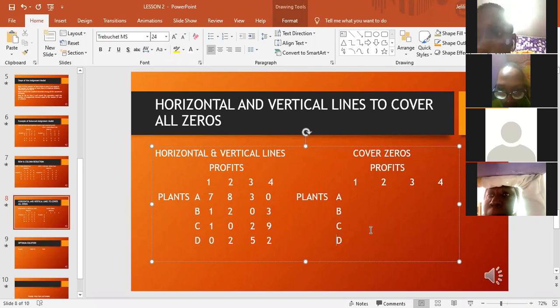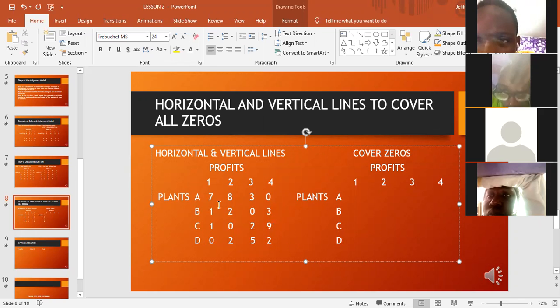So now let's look for the horizontal and vertical lines. Let's look at this particular row. This is the first row, 7830. How many zeros do we have in the first row? Just one. How many zeros do we have in the second row? 1. The third row? 1. The fourth row? 1.